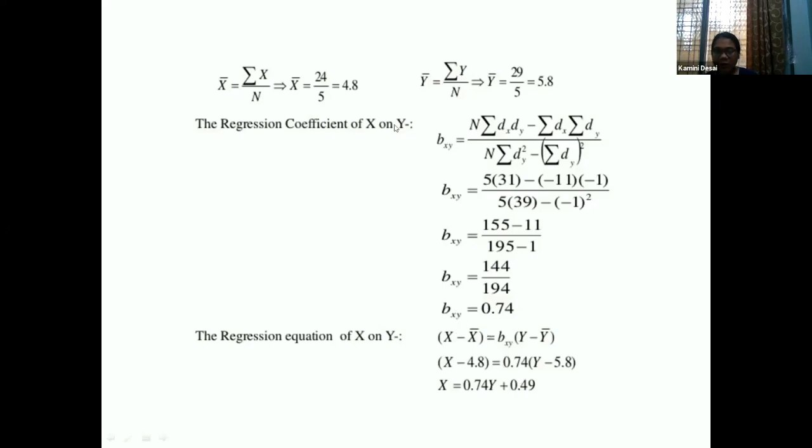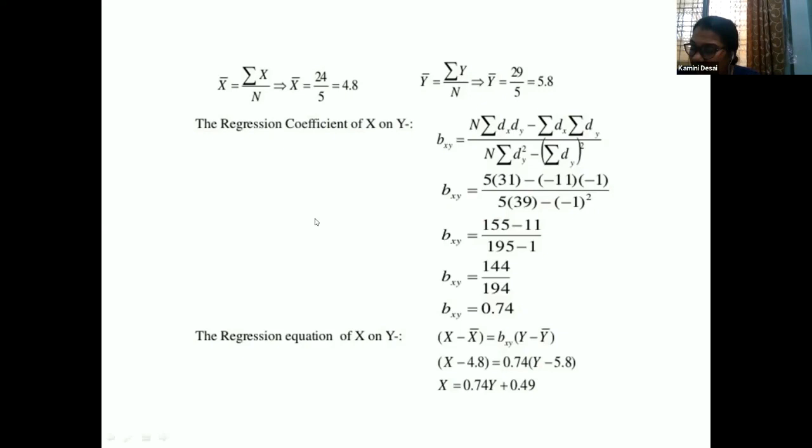X bar we have already calculated, that is the actual mean, 4.8. Just solve this bracket. You don't know bracket multiplication? x minus x bar is equal to bxy into y minus y bar.